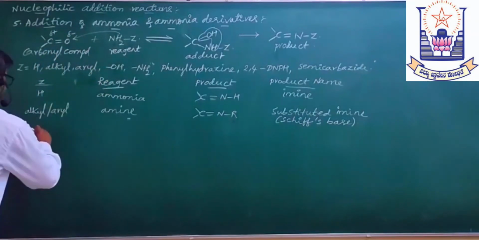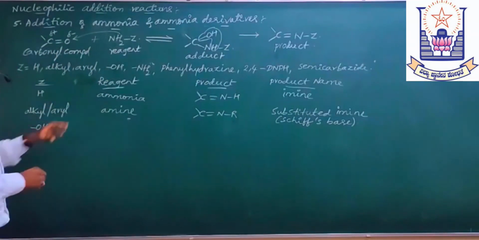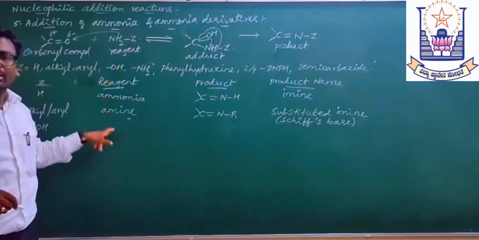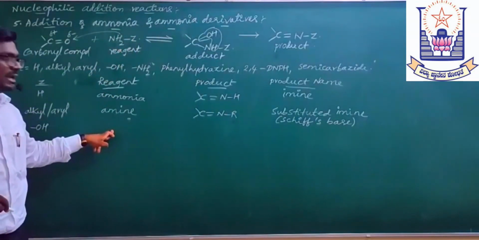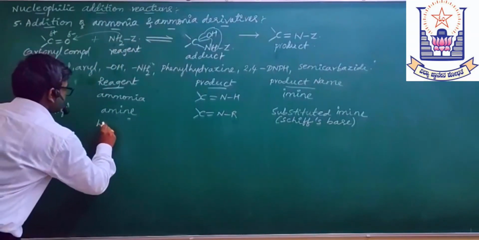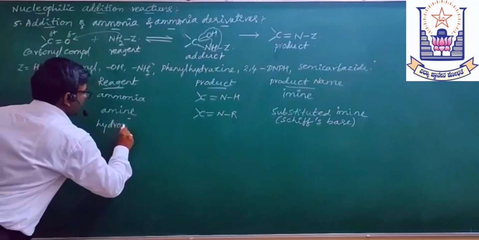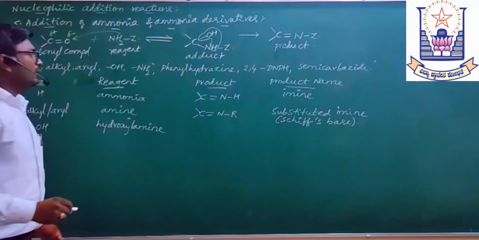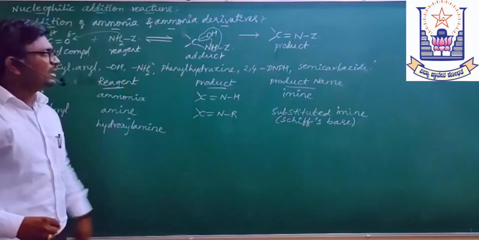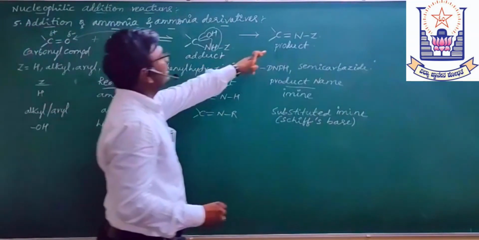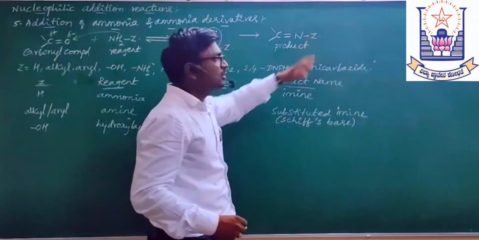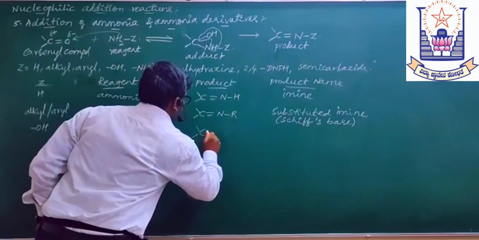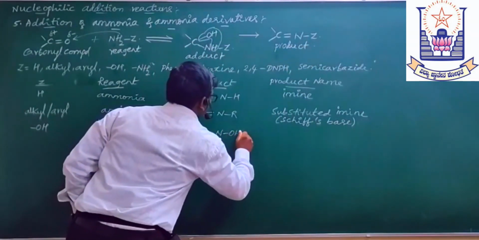When Z is the OH group, what is the reagent? NH2OH, which is called hydroxylamine. Now the obtained product will be like this, where Z is OH, so you can write C double bond NOH.